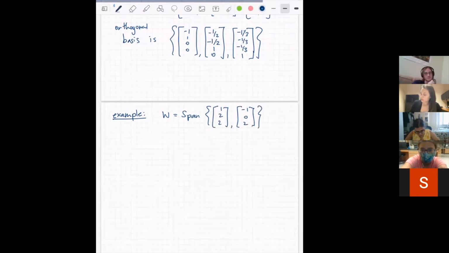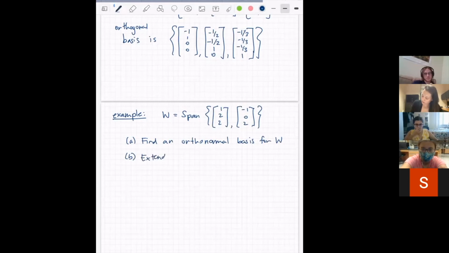And first we will find an orthonormal basis. So I'll break this into parts. For W. And then also we will extend it to an orthonormal basis on R3.